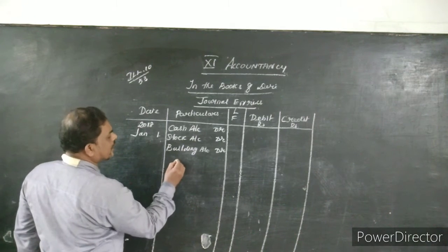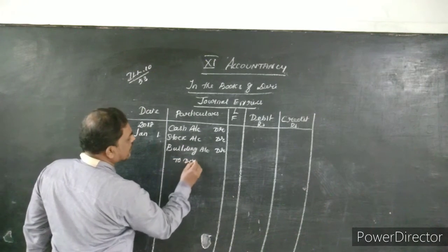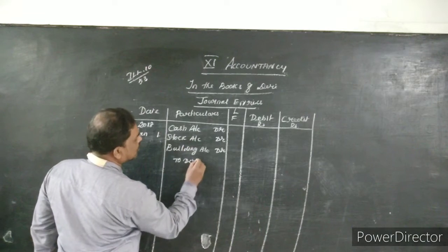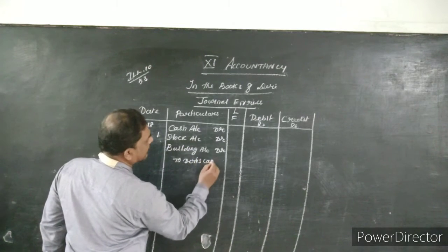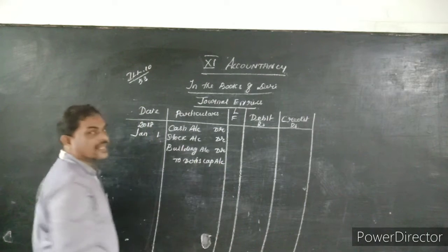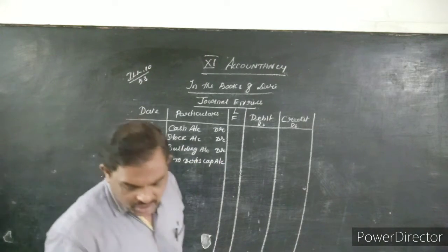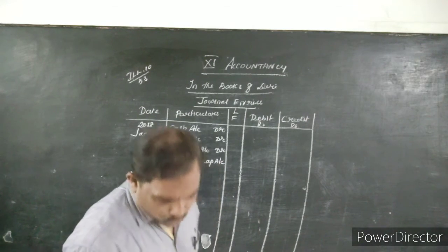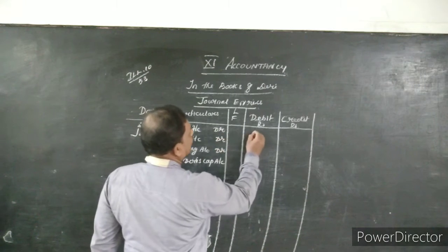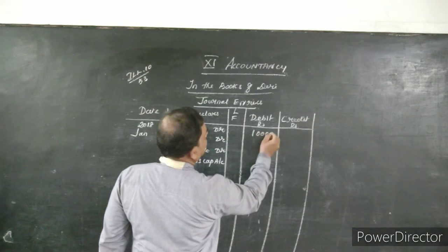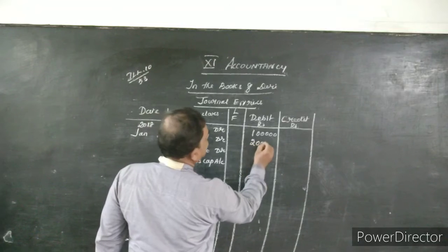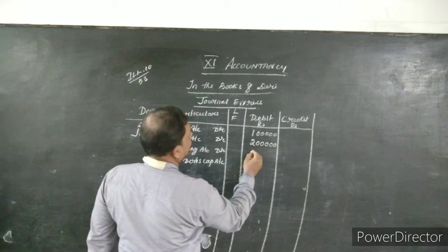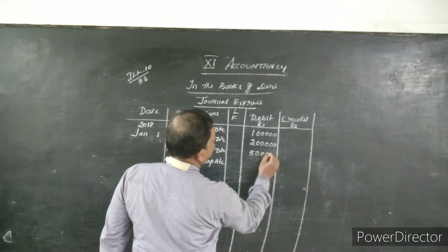So who contributed? To Derry's capital account. How much? 1 lakh cash, 2 lakhs stock, 5 lakhs building.